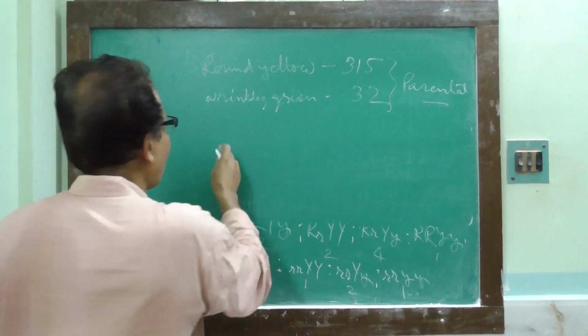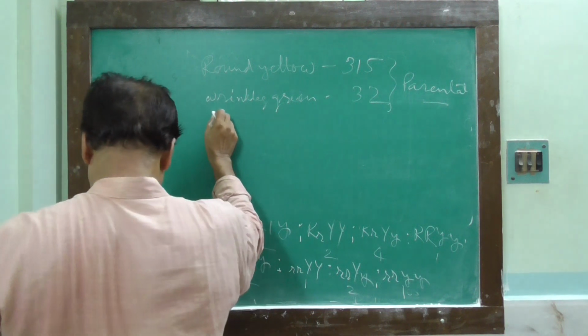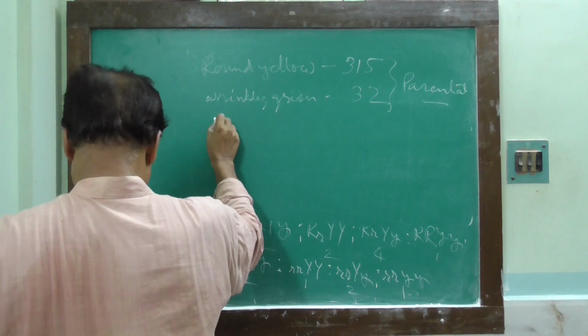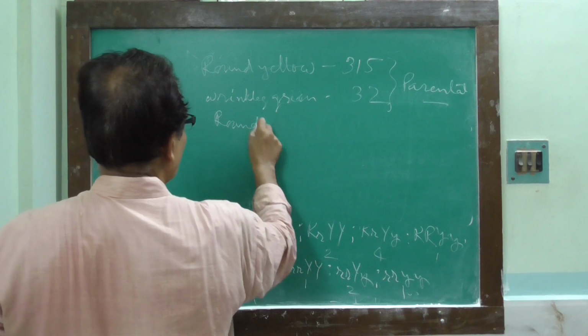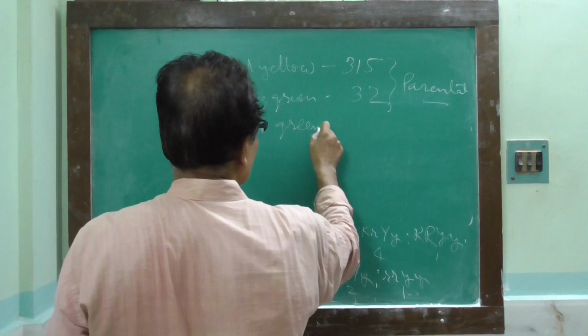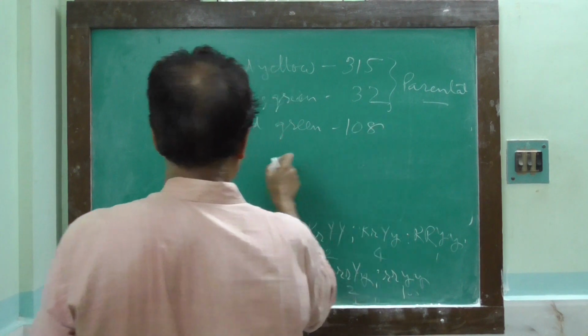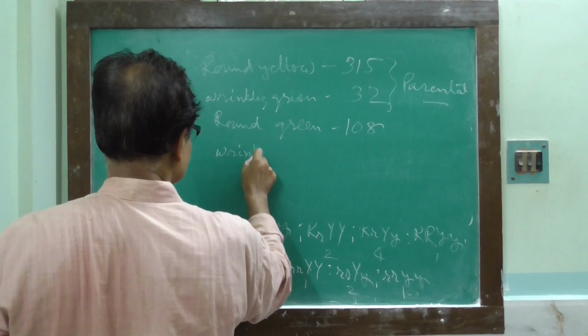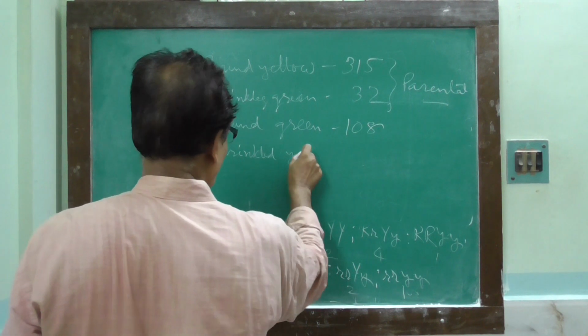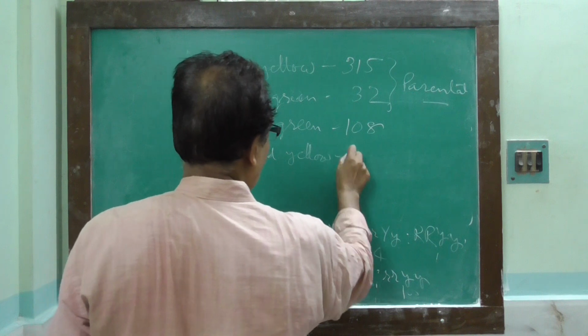Mendel also obtained round green 108 and wrinkled yellow 101.